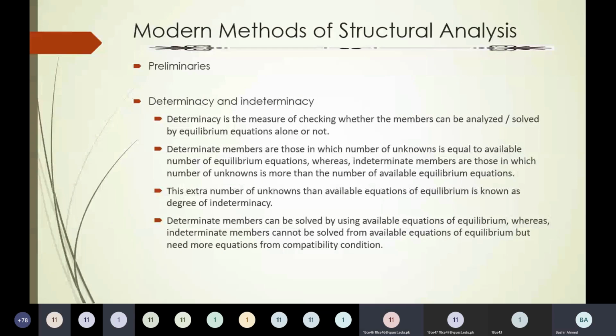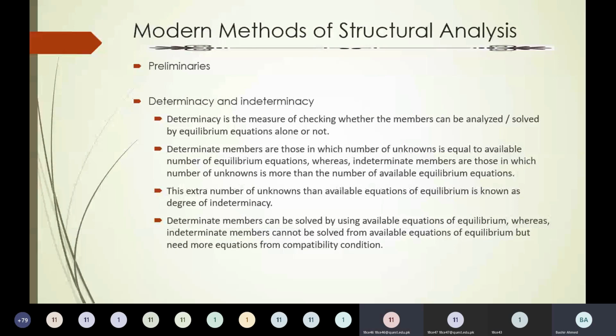Three in a two-dimensional system. Then how about a three-dimensional system? Six equations, basically.